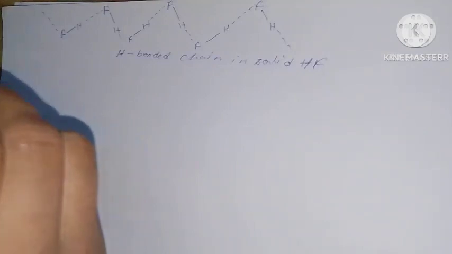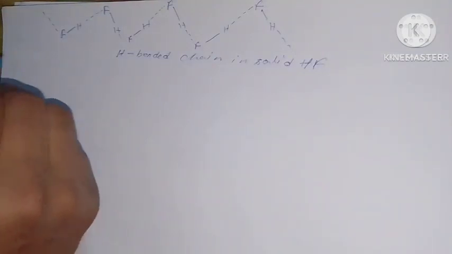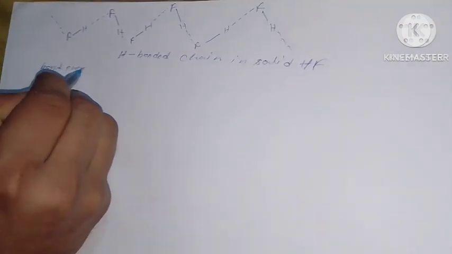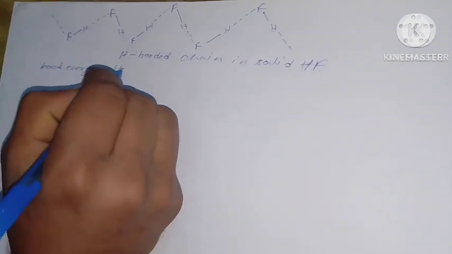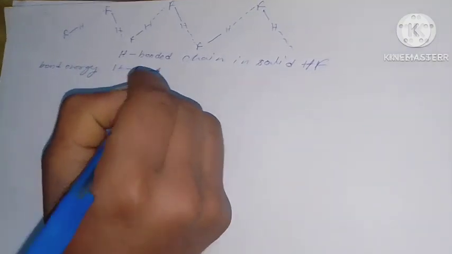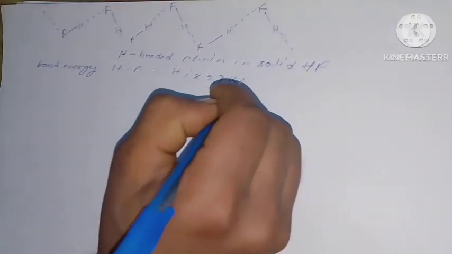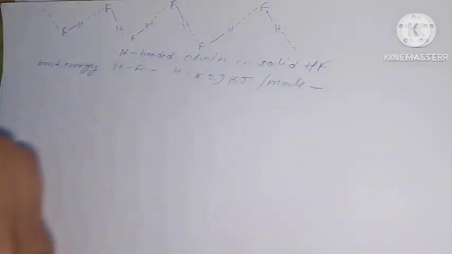The bond energy of the hydrogen bond in hydrogen fluoride is 29 kilojoule per mole, okay?